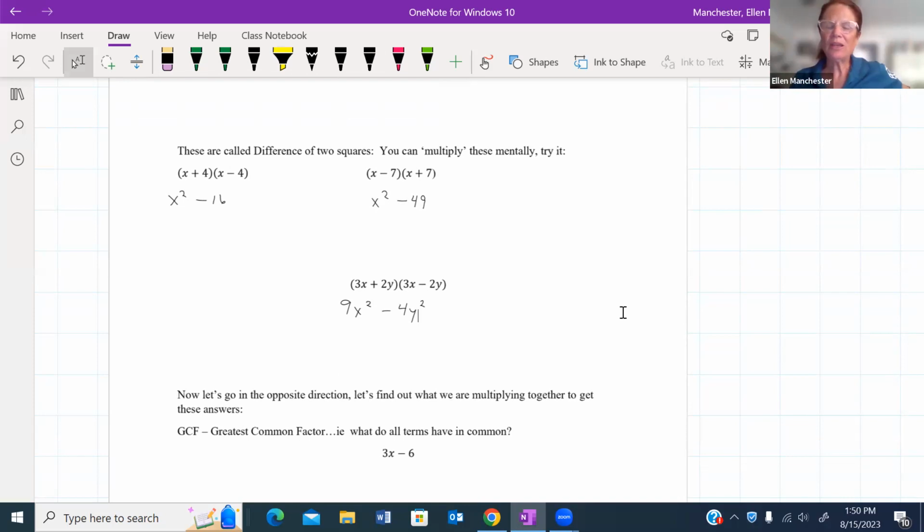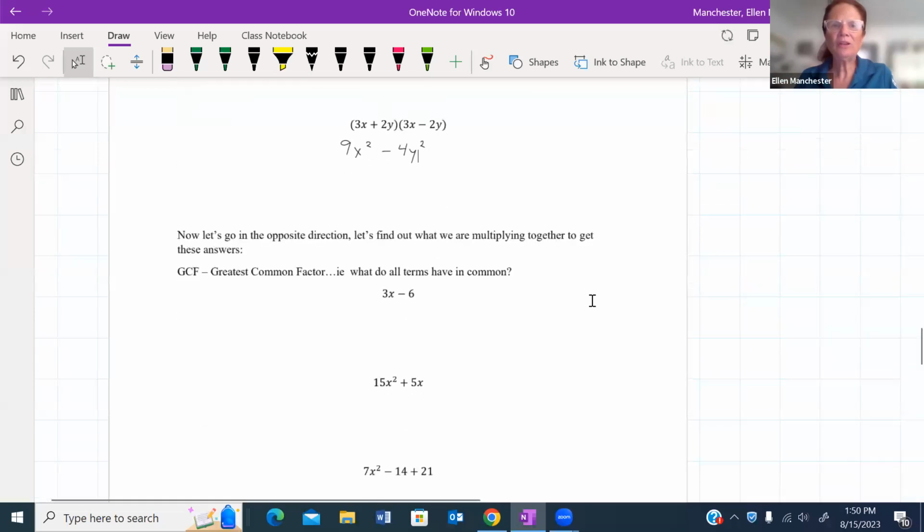And what that means is we're going to split the polynomial apart, and end up with two things that you multiplied together to get this. So when I look at the values 3x minus 6, what I'm asking is find the greatest common factor. In other words, what do they have in common?